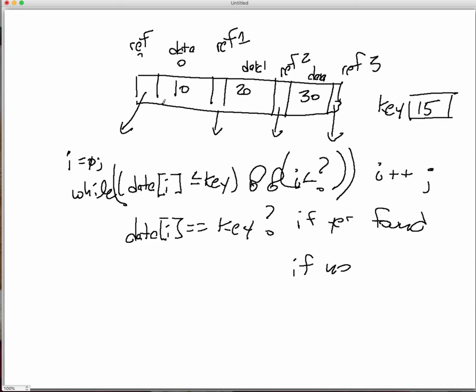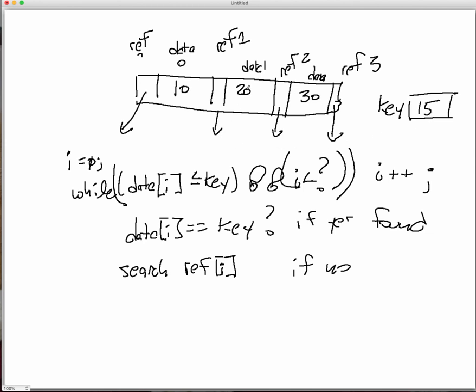And if no, then what do I want to do? Well, at that point, I want to follow this reference down. So then I'm going to say search reference of i. In this case over here, data of 1, we're going to exit this loop when i is equal to 1. It turns out that this doesn't equal that.